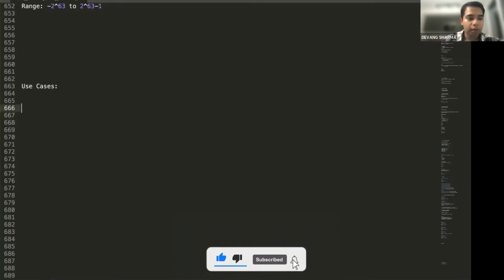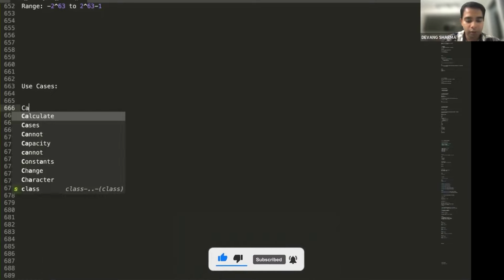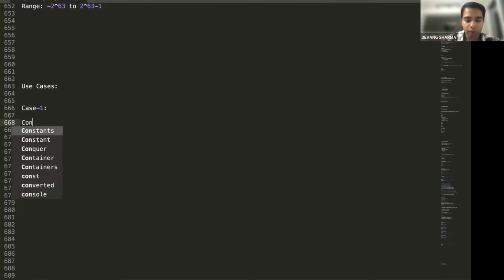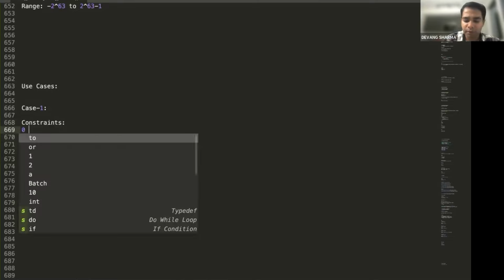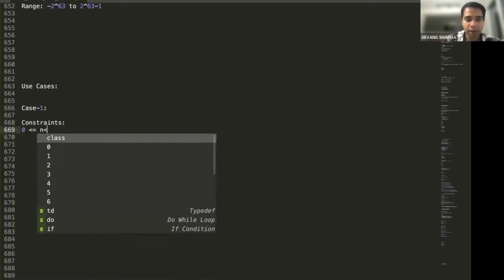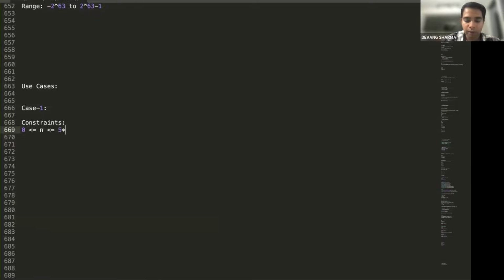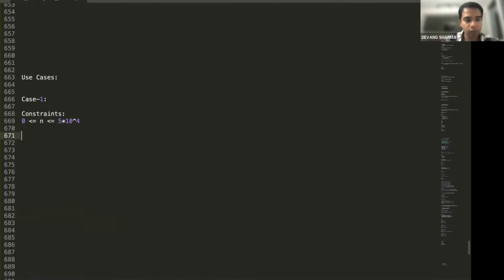So case number 1. In every question that you deal with, you would have something called a constraint. You probably would see something like this: 0 less than or equal to n less than or equal to 5 into 10 to the power 4, something like that. What does that constraint mean?